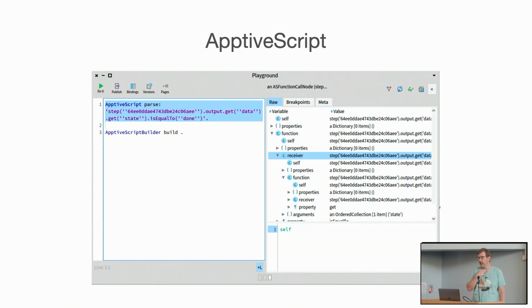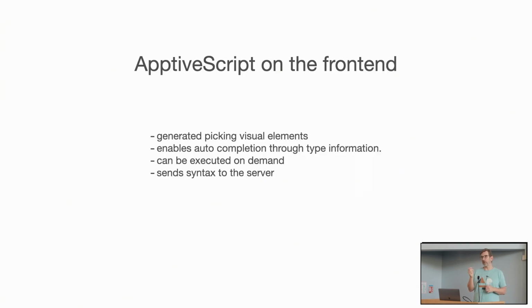So just to recap, the ActiveScript on the front end is used so that each of the types in ActiveScript, if you put local properties, you will get all the methods it understands, so it enables something like auto-completion. But the main part is that we combine the scope, the node environment, the grid environment, the types, and everything into a single syntax, and all of it is able to be picked visually.